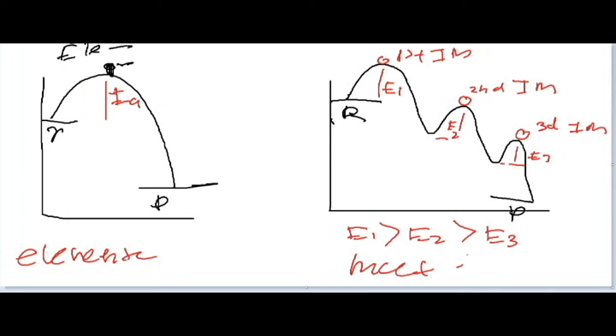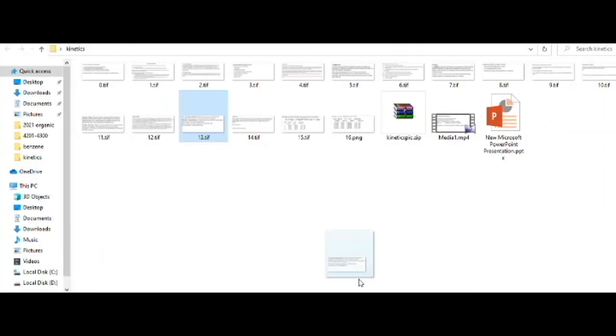This is the main difference between elementary and multi-step reactions. Considering the activation energies, E3 is the lowest one, and the lowest activation energy is the speediest one. Low activation energy means high rate, just keep it in mind.